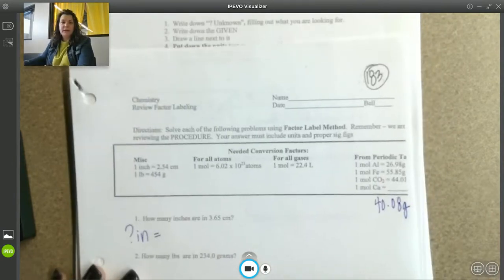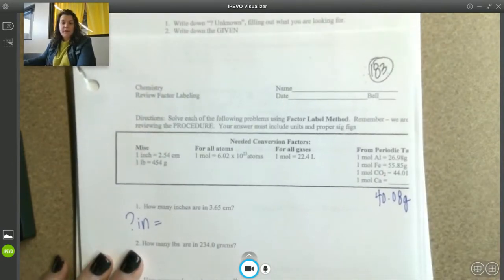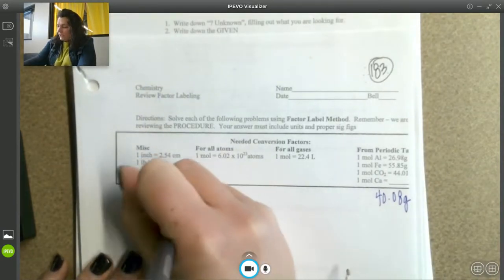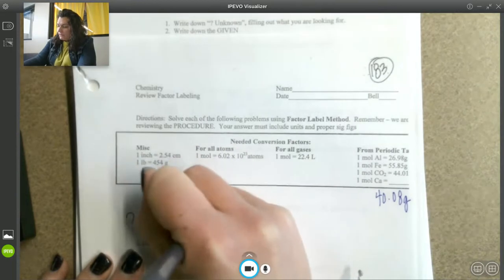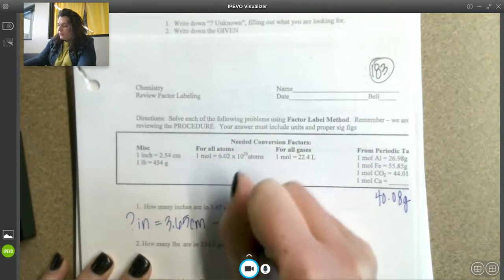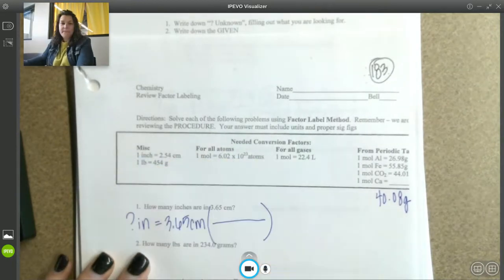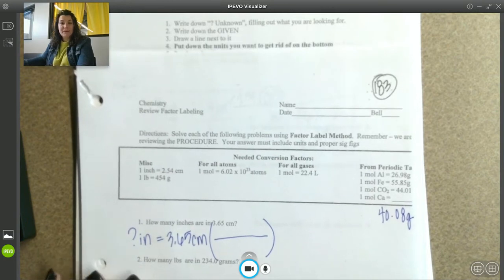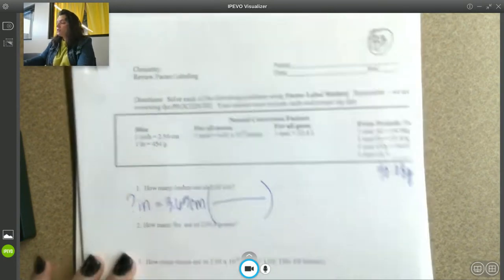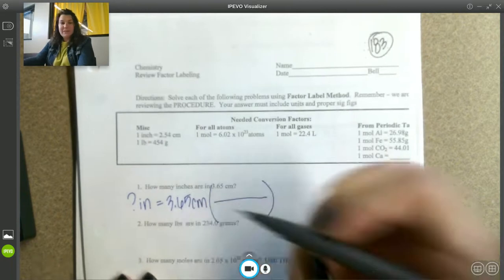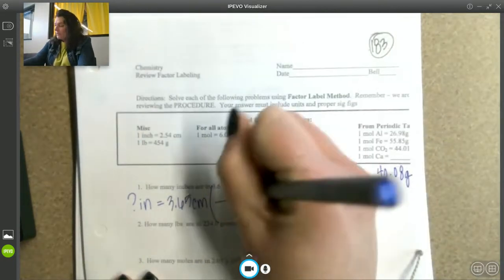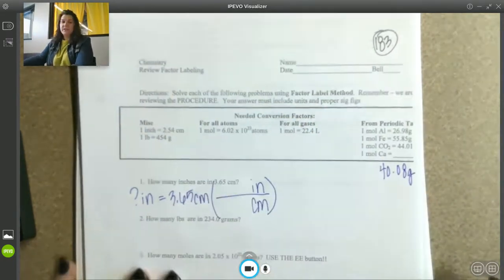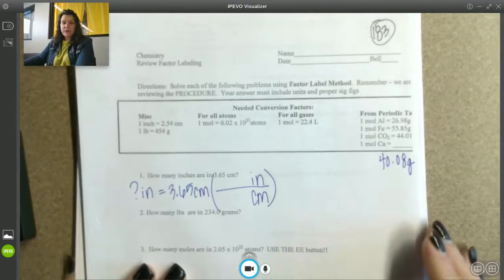Step 2, write down the given. The given is 3.65 centimeters. Draw a line next to it. Put the units you want to get rid of in the bottom because we want them to cancel. So I'm given centimeters, it's in the top. So centimeters needs to go in the bottom, inches needs to go in the top, and then we can just fill in our conversion.